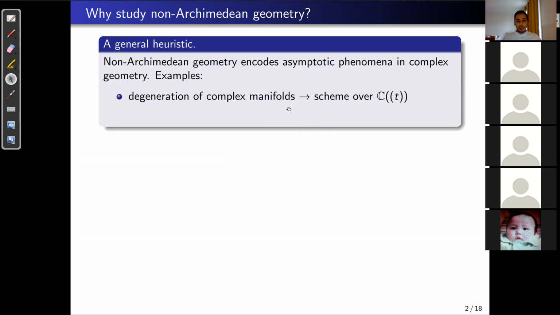The reason for this, mostly in the projective case, is that you can see it as a subvariety of projective space that is going to be finitely presented by homogeneous equations with coefficients in the ring of functions holomorphic on the punctured disk, which you can identify with Laurent series.